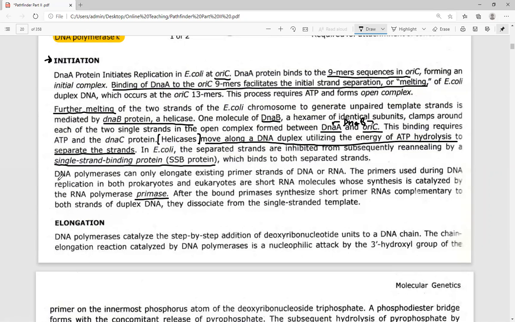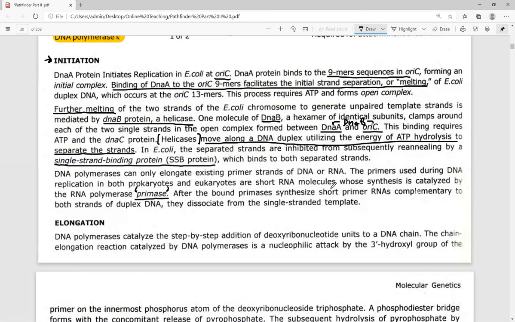Okay, see, DNA polymerase cannot elongate without an existing primer strand. Primers used during DNA replication in both prokaryotes and eukaryotes are short RNA primers, whose synthesis is catalyzed with the help of an enzyme primase. Primase is the enzyme that catalyzes the formation of the primer molecule.